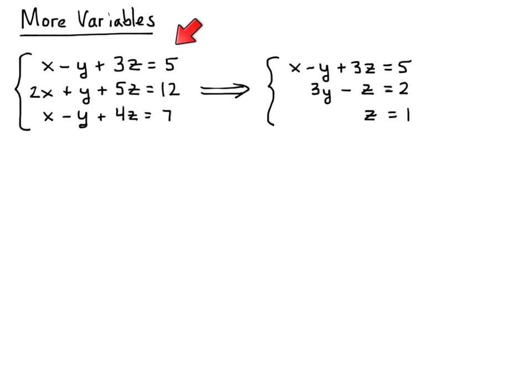This set of equations is just 3 equations that come from my problem: x minus y plus 3z equals 5, 2x plus y plus 5z equals 12, x minus y plus 4z equals 7. Here's the value of putting all the variables on one side in a nice column. You have this nice organized table that tells you the equations.